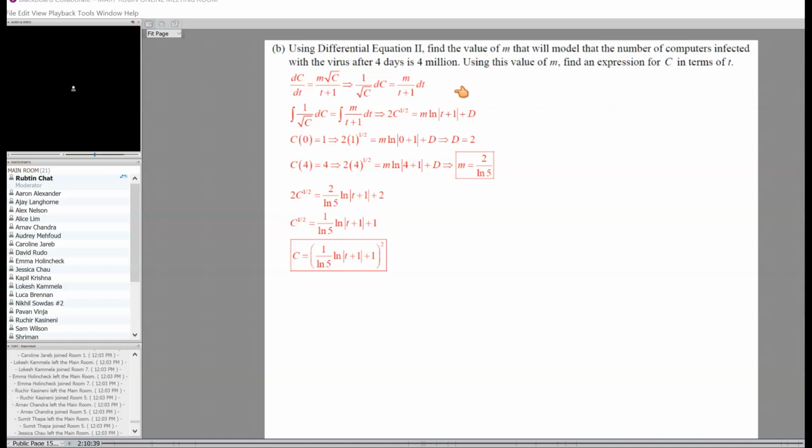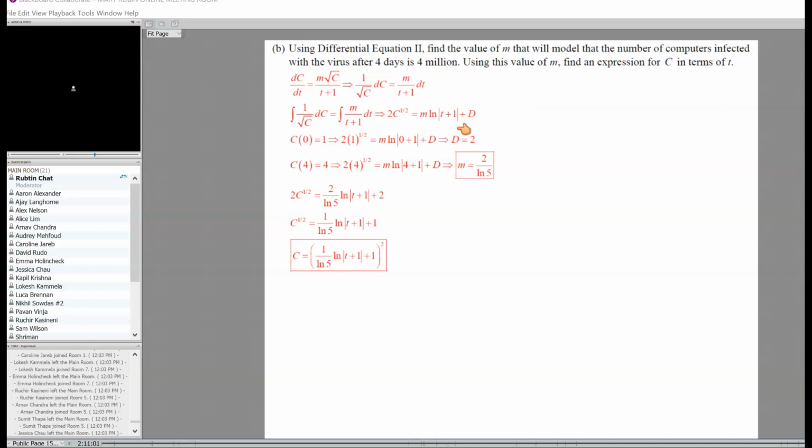If you skip that, and oftentimes, at least on old AP, these were 5-point questions, if you don't do this, they automatically give you a 0 and move on and read the next question. They don't even look at it if you haven't separated the variables. So that's really, really important, among other reasons.